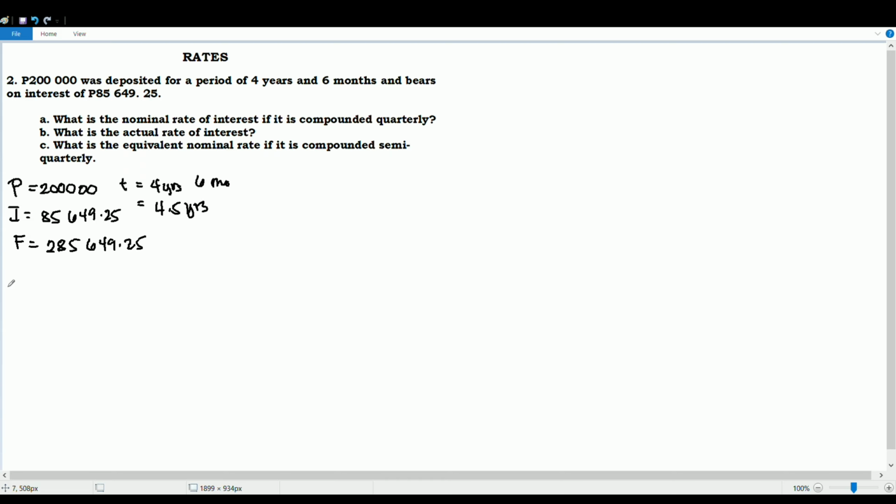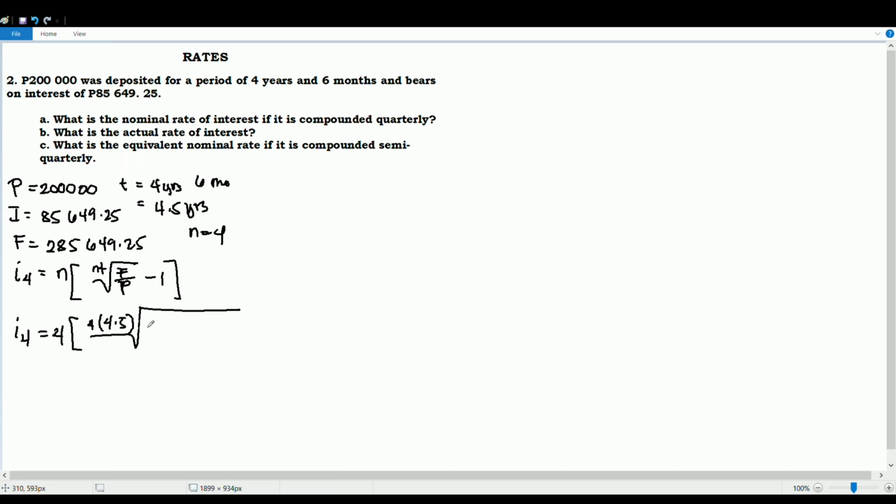So we are looking for I subscript 4. Let's use the formula: n times the nth root of F over P, minus 1. So our n is equal to 4. So we have 4 times the root with 4 times 4.5 as the index of the radical, and the radical is 285,649.25 over 200,000, minus 1.